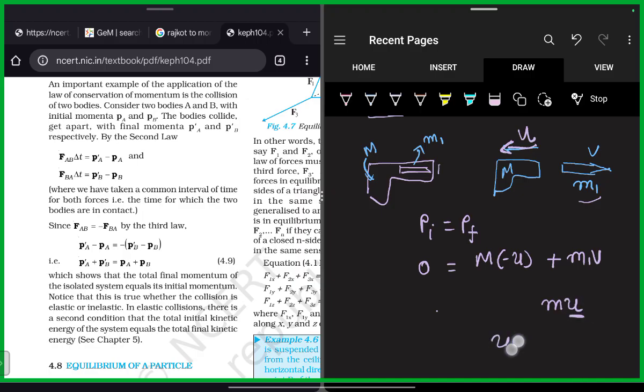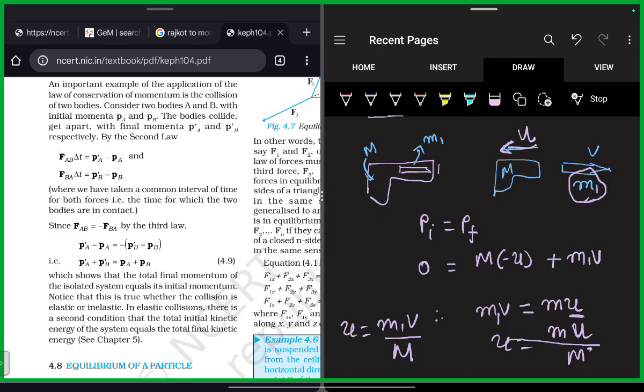So u will be m1v divided by capital M, where capital M is the mass of the gun and v is the velocity of this bullet.